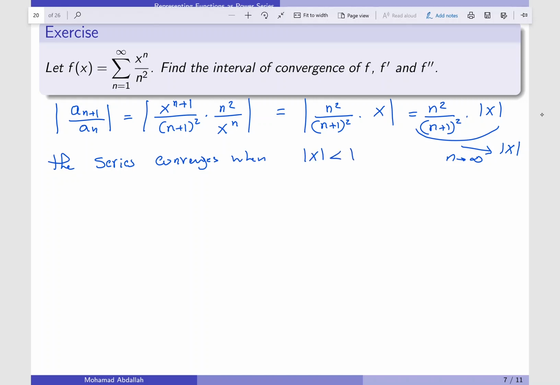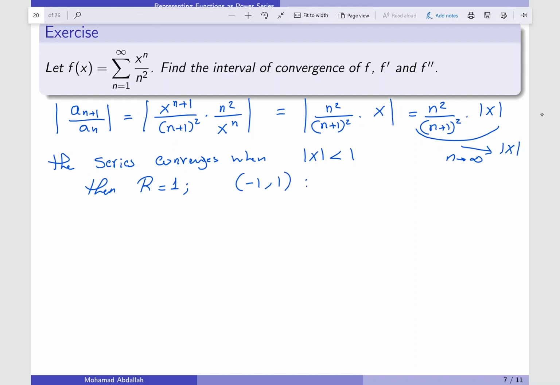This means the radius of convergence is equal to 1. So far, I have minus 1 to 1. That's what it means. It's from negative 1 to 1.